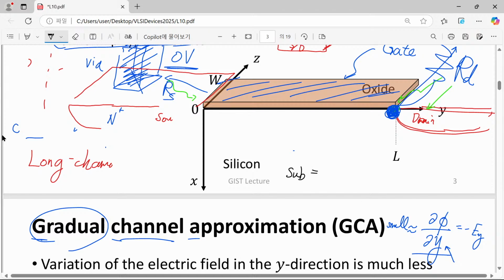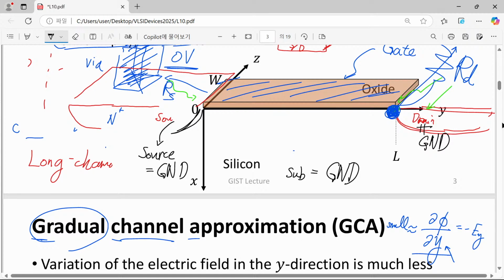This is still grounded. And here we have a source contact. This source contact is still grounded. And now here we have a drain. This is, in general, not grounded. Then can you understand the difference?